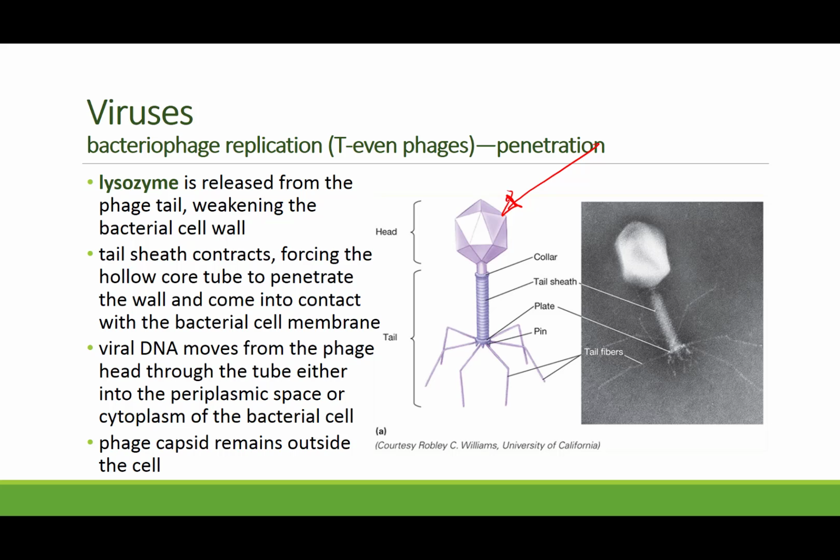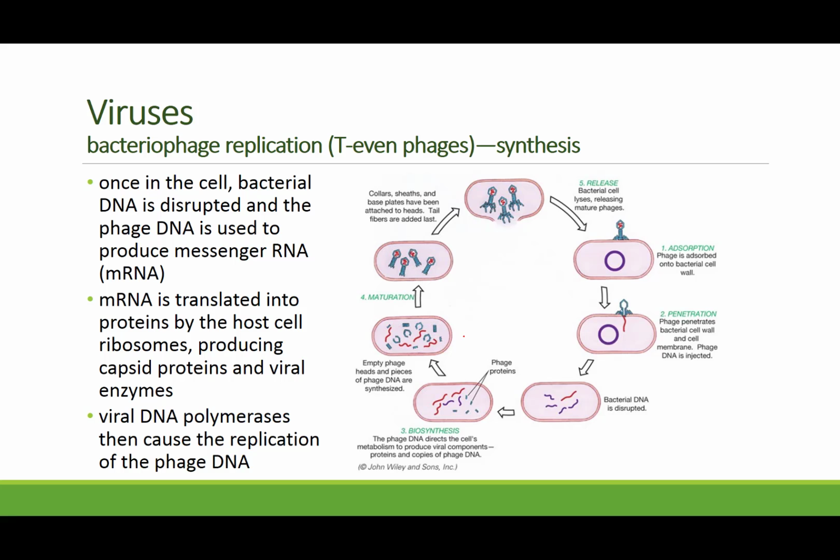So it may only enter the periplasmic space, but recall periplasmic space is very metabolically active too. So we can do a lot of work there. The capsid of the phage, this head and tail itself, will remain outside of the cell. It's only the DNA that gets injected either into the periplasmic space or into the cell itself.